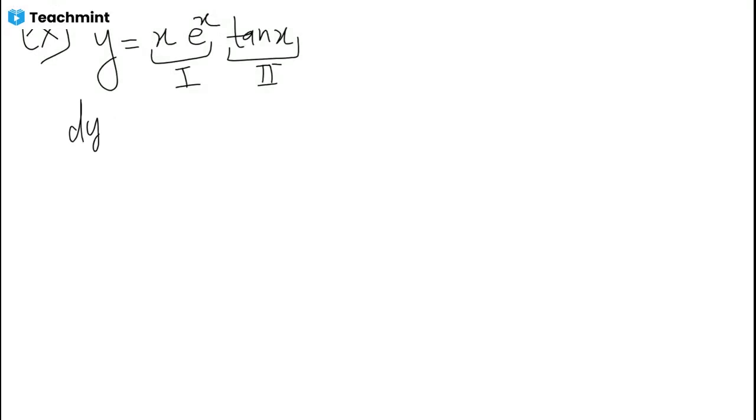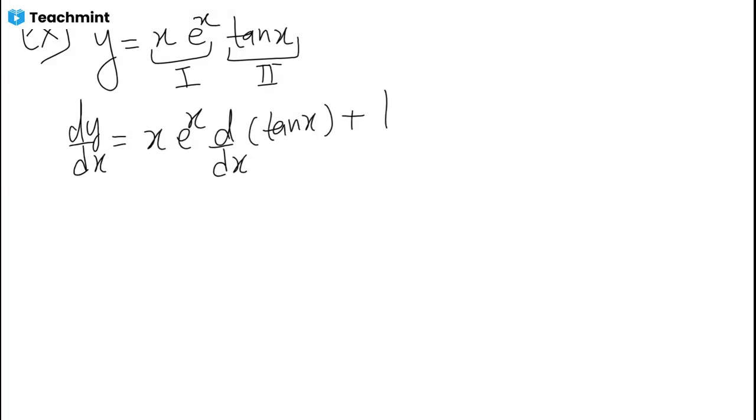dy over dx. Take first function as such, into derivative of second function, plus second function into just differentiate the first function, that is x into e to the power x. Now we'll apply the product rule again on it.